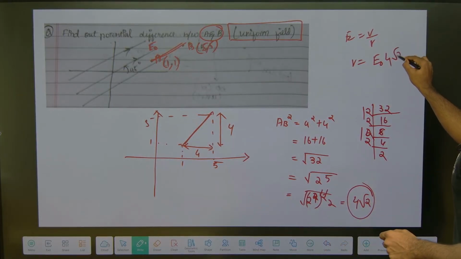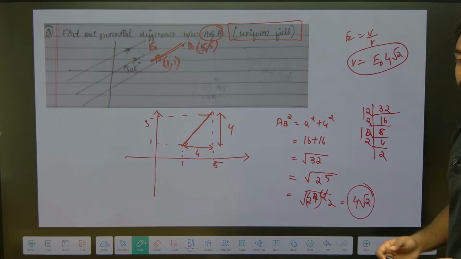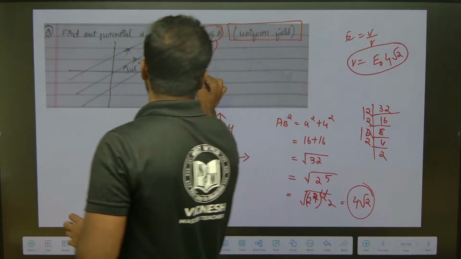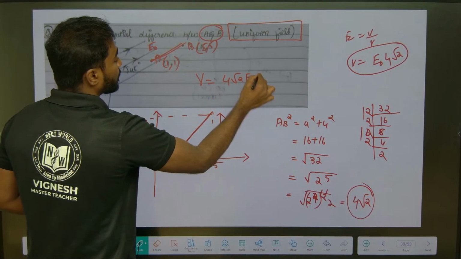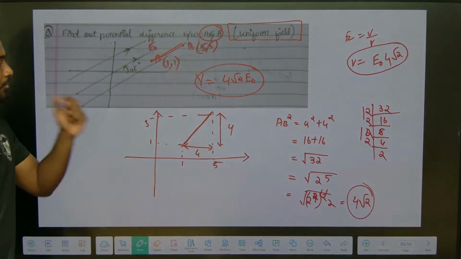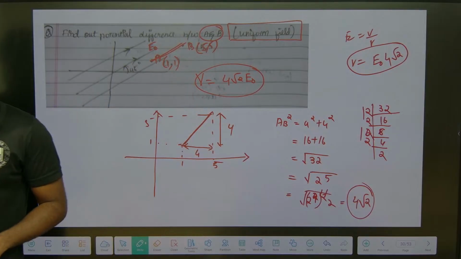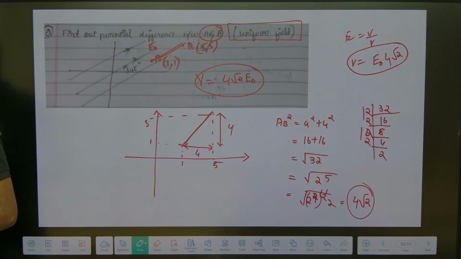So the potential in this question is 4 root 2 E naught, in terms of the electric field E naught. You can take a note of this and we can go for the next question.